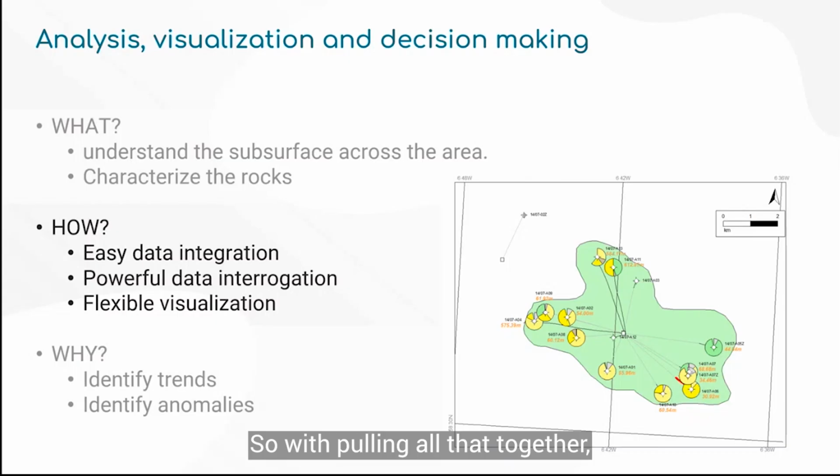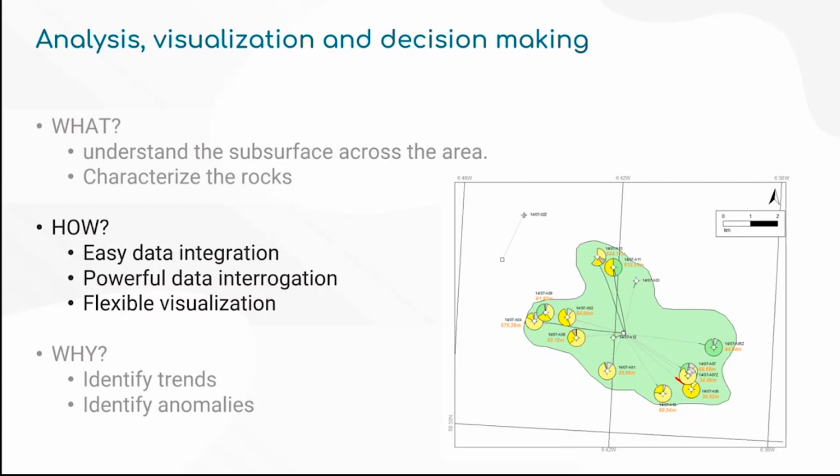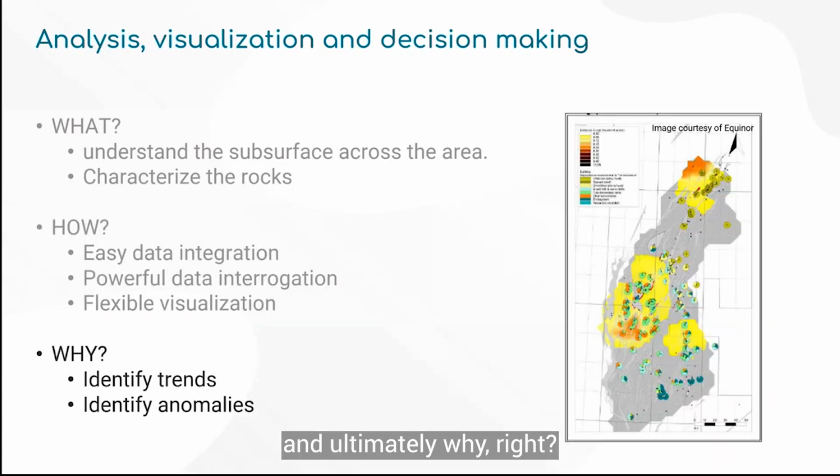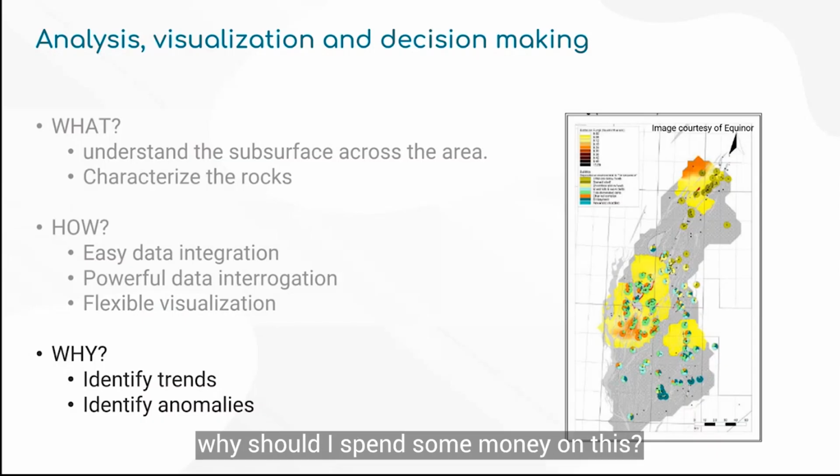So with pulling all that together, being able to then choose, I'm interested in my reservoir zone. So what can I display around my reservoir zone? What can I show everybody else that's asking me questions about this particular play? And ultimately, why? They're going to be asking, well, why should I spend some money on this?